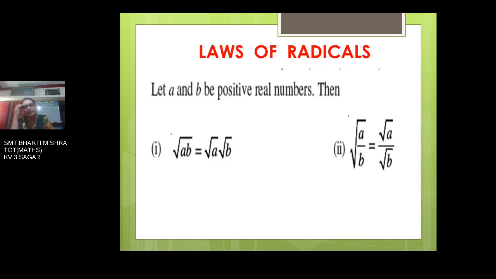Now let us consider the laws of radicals. Let A and B be positive real numbers. See this under root sign. Here we have the square root sign. This is called the radical sign, and the number written inside is called the radicand.